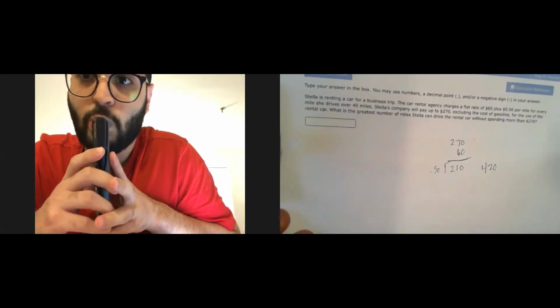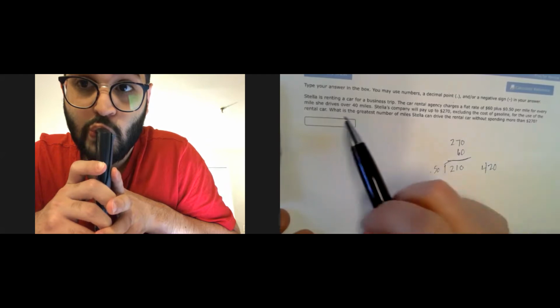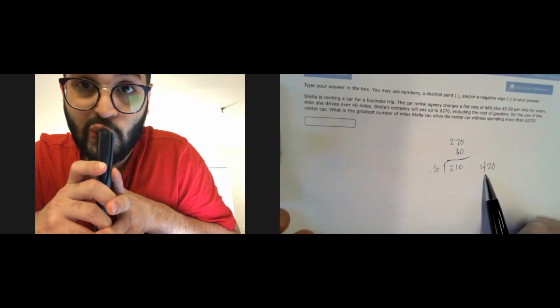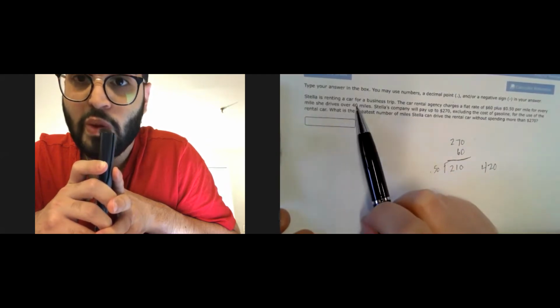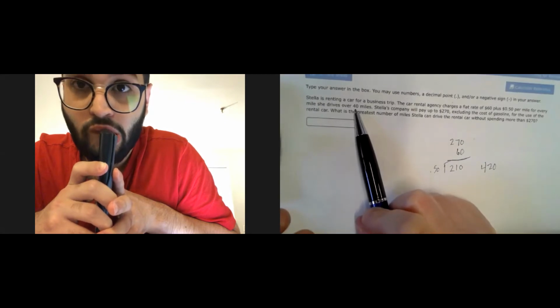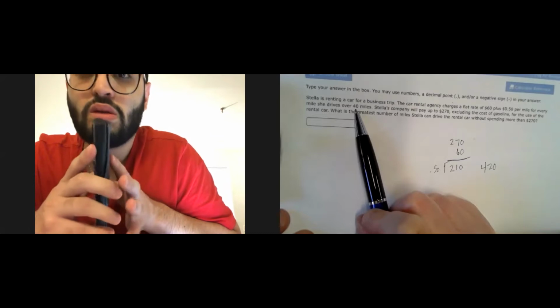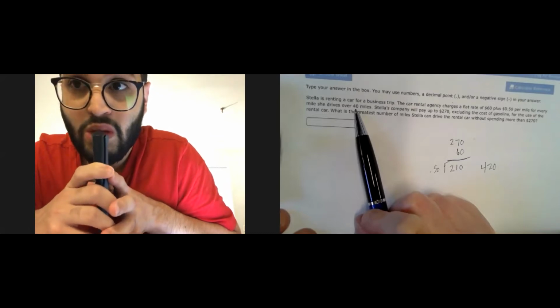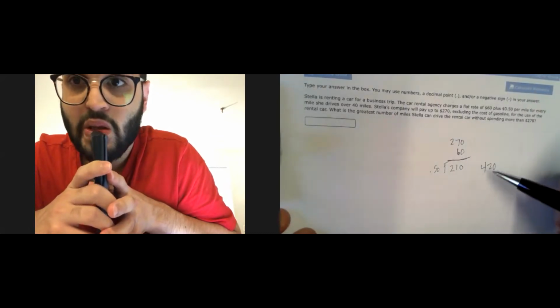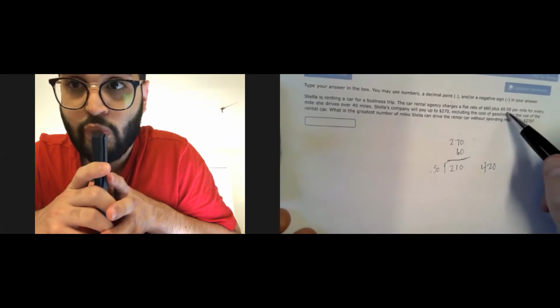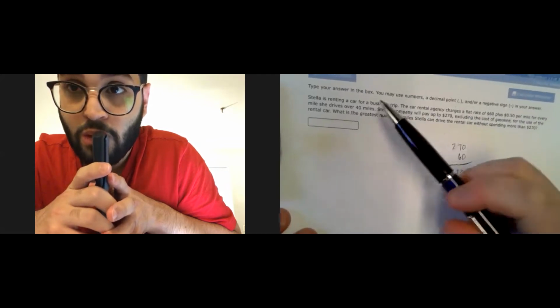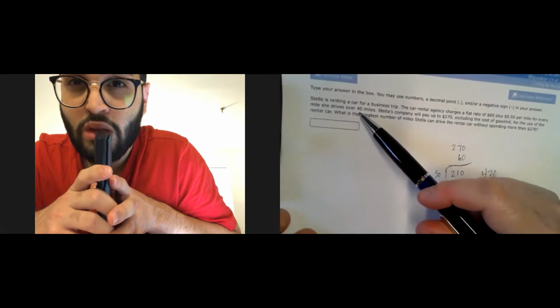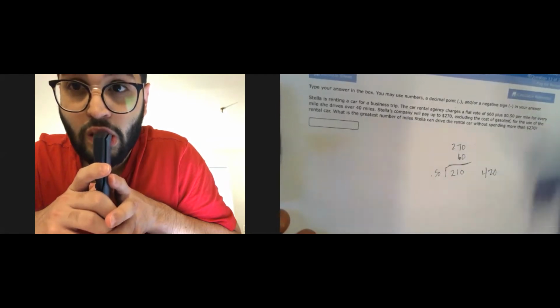Yep, and any amount of miles she drives over 40... So we've got to add that 40 miles back into this, because she doesn't have to pay for the first 40. So she can go 420 at 50 cents a mile, but she actually goes 460 because she had 40 miles for free.